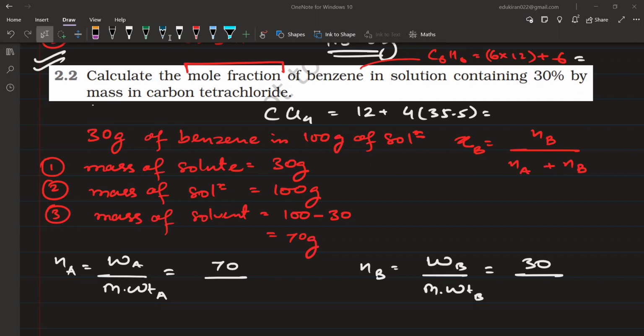Where is solvent carbon tetrachloride? Yeah, solvent is carbon tetrachloride. Okay, Iram got the answer.